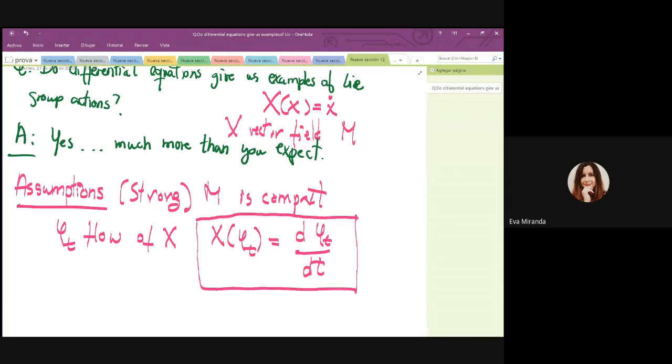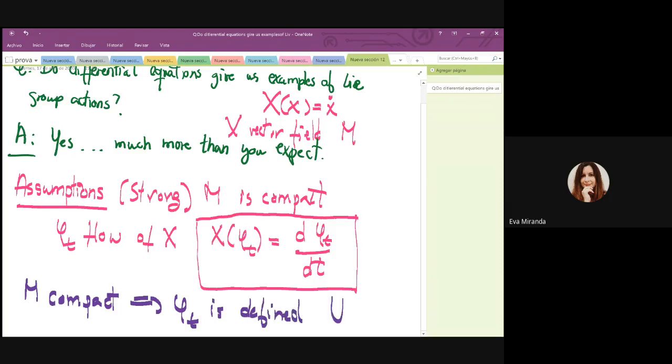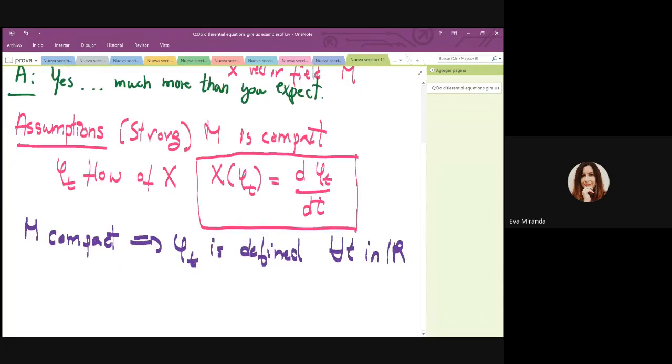An interesting thing happens when M is compact. So one interesting thing we know is that M compact implies that phi t is defined for all t in R. Okay, now consider G to be R, with the additive.